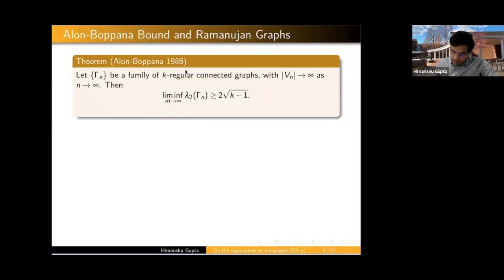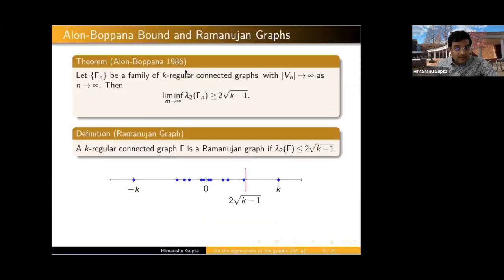That's where we define these families of graphs called Ramanujan graphs. It is a regular connected graph such that its second largest eigenvalue is at most 2 square root of k minus 1. So if this is the first eigenvalue and this is 2 square root of k minus 1, all of its other eigenvalues are less than or equal to this.